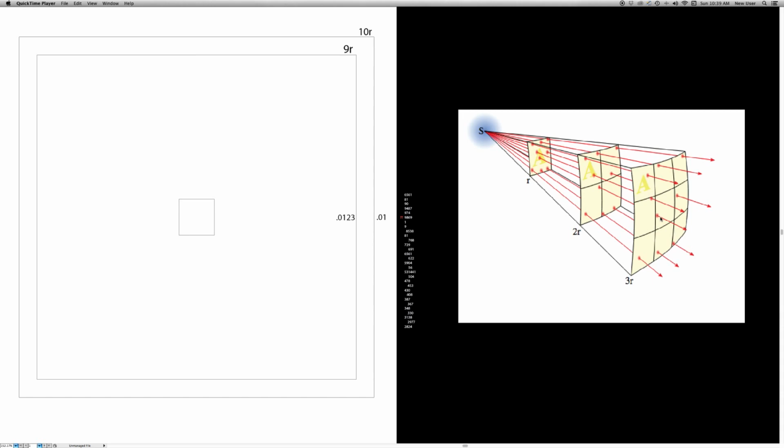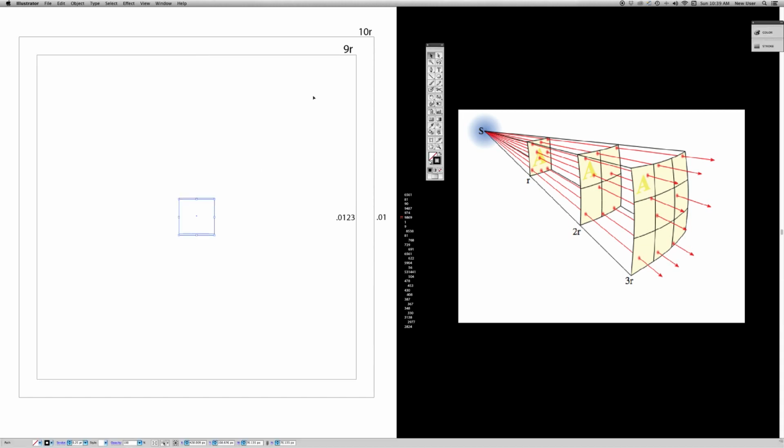1111 recurring. Now over here I've got a 10R to 9R situation going on. So the 9R is 90% of the 10R. One thing worth noting is that that square there doesn't come right into the square because you're losing 90% on both sides.